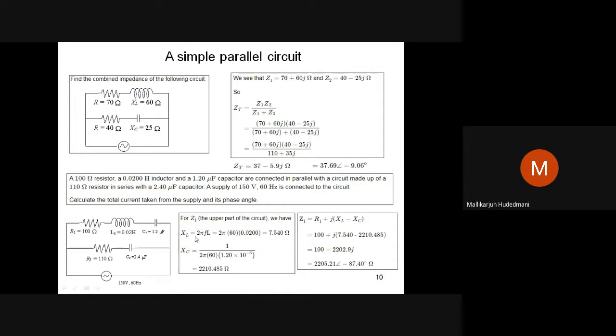You can see here, it is being converted to XC, and Z in the upper arm is written as 100 plus j(XL minus XC). This is called an RLC series circuit in this arm. This is series, but the total circuit is in parallel notation. Therefore, jXL minus jXC is taken here. Then convert it, and Z1 is ready.